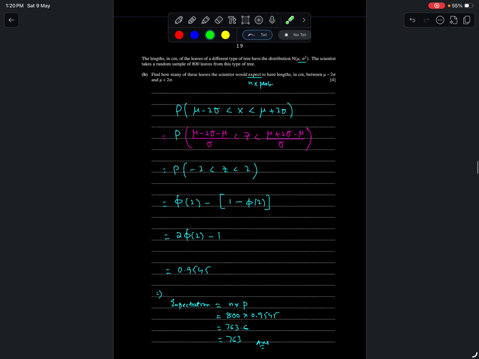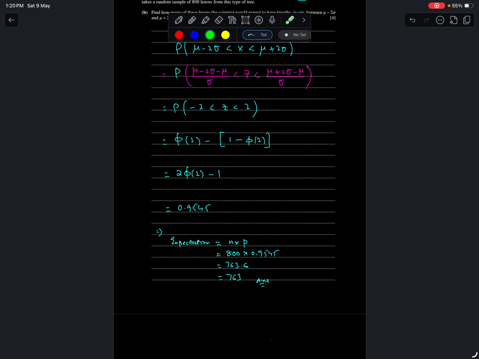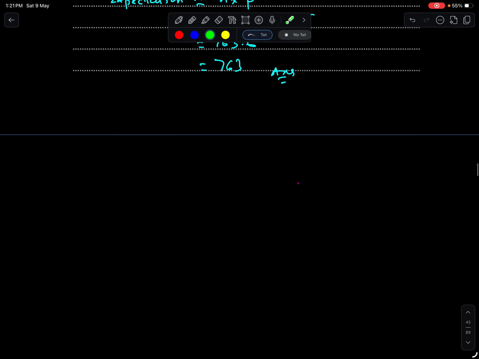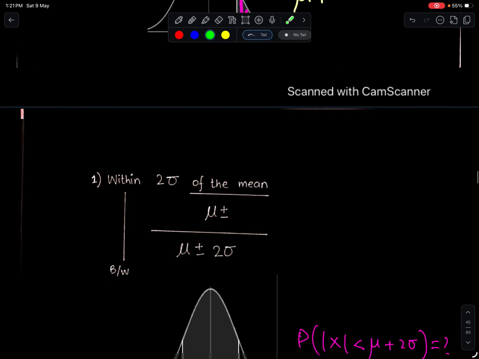See, how many leaves? So 0.6 can't be a full leaf. So always round these types of numbers backward, in the backward direction, okay? 763. Some important terms.